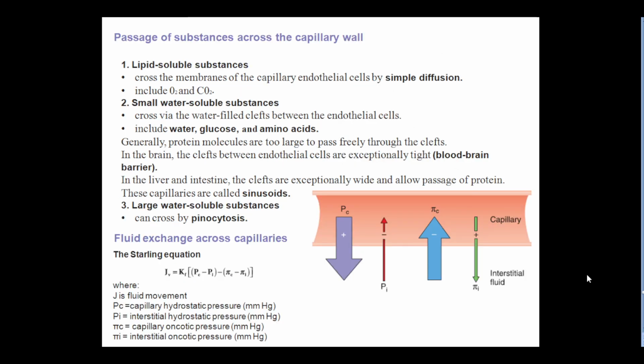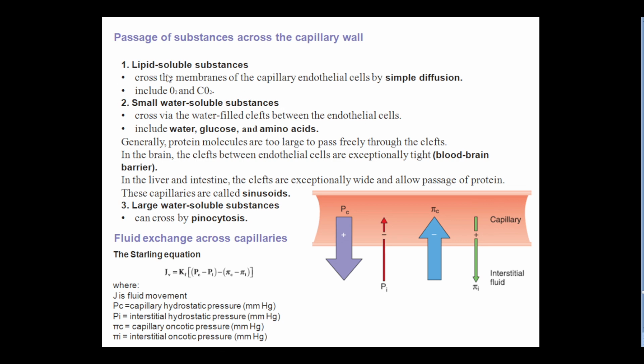Now, why do we need to talk about the microcirculatory bed? We need to talk about it regarding the exchange. And there are a few types of transport depending on the substance. Lipid-soluble substances can cross membranes quite easily by simple diffusion. Examples of such substances include oxygen and CO2.